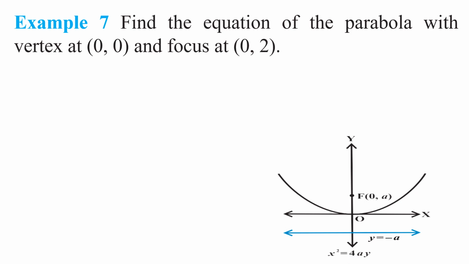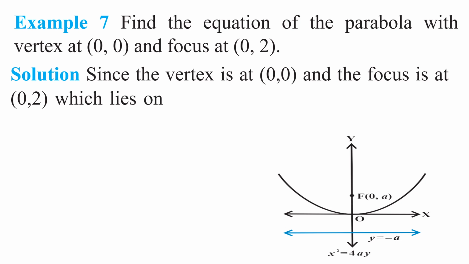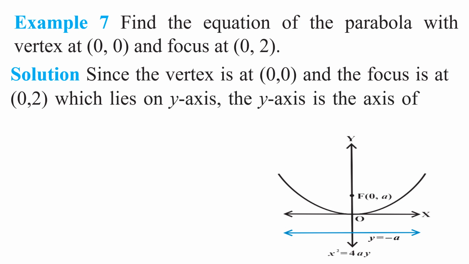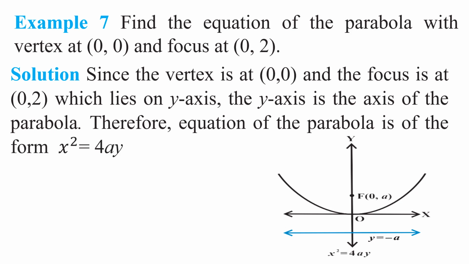Now come to the solution part. Since the vertex is at the ordered pair (0, 0) and the focus is at the ordered pair (0, 2), which lies on the y-axis, the y-axis is the axis of the parabola. Therefore, the equation of the parabola is of the form x square is equal to 4ay.